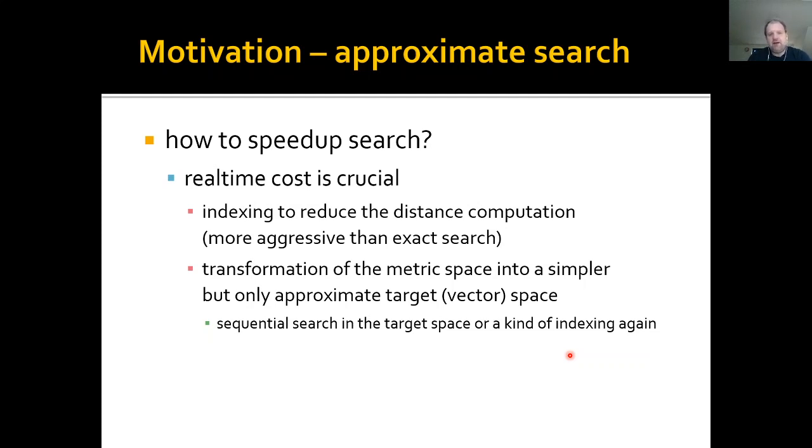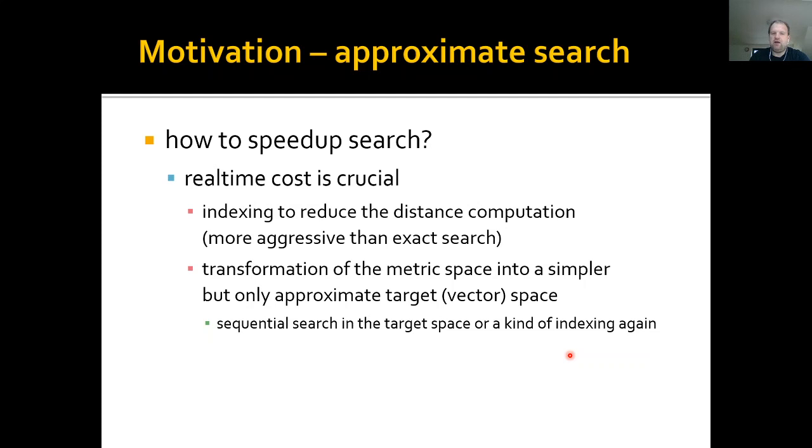There are many techniques how to do that, and basically what we do is two things. We first could alter the algorithms that are designed as exact search algorithms, and make them more aggressive when filtering, with the risk that during this more aggressive filtering we filter something that should not be filtered, but the algorithm will finish sooner and the real time will be smaller.